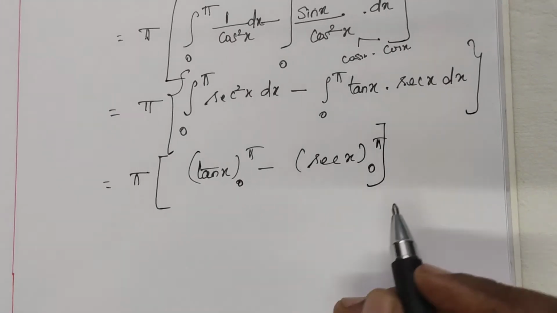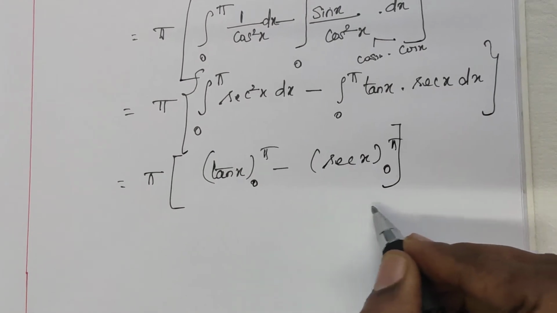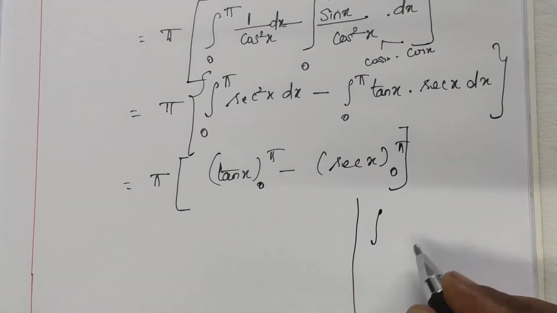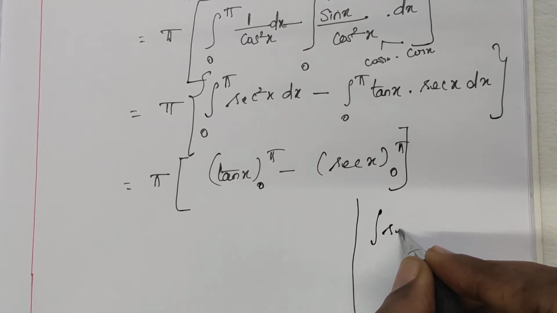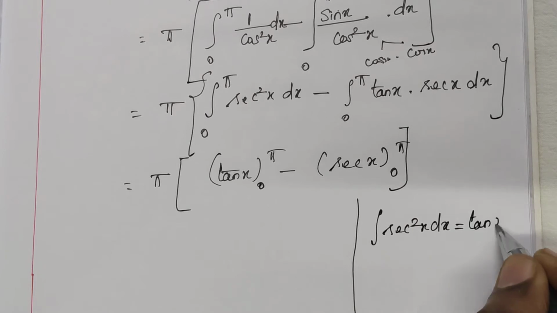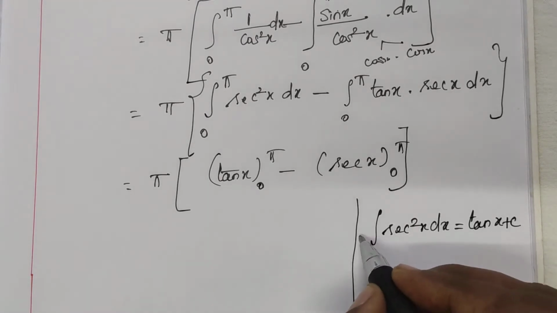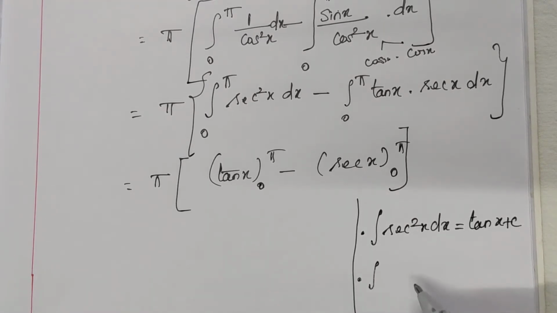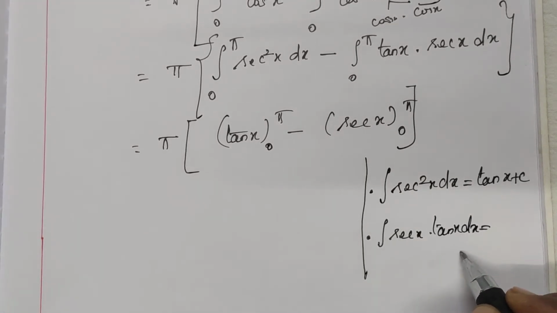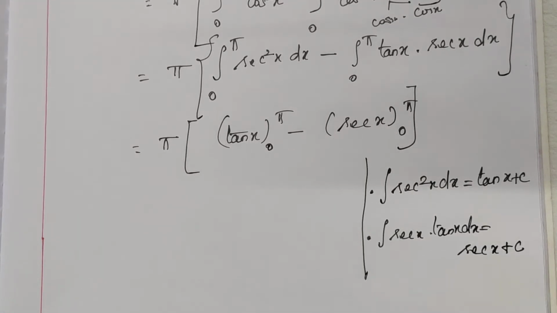The applied formulas are: integral secant squared x dx equals tan x plus c, and integral secant x tan x dx equals secant x plus c.